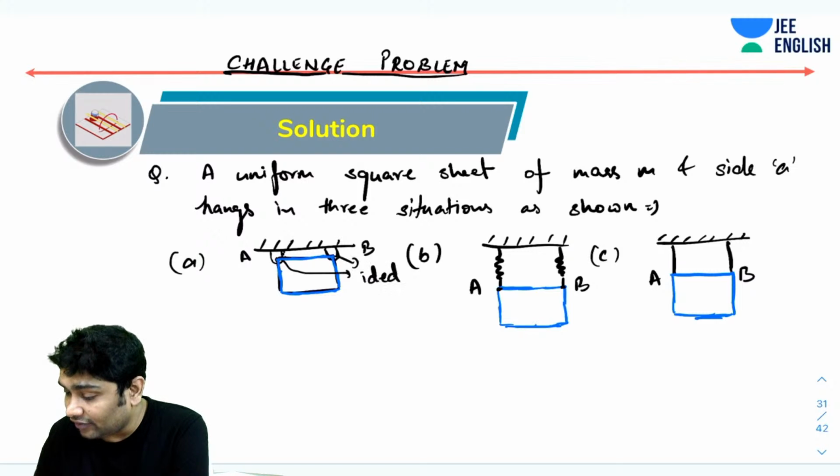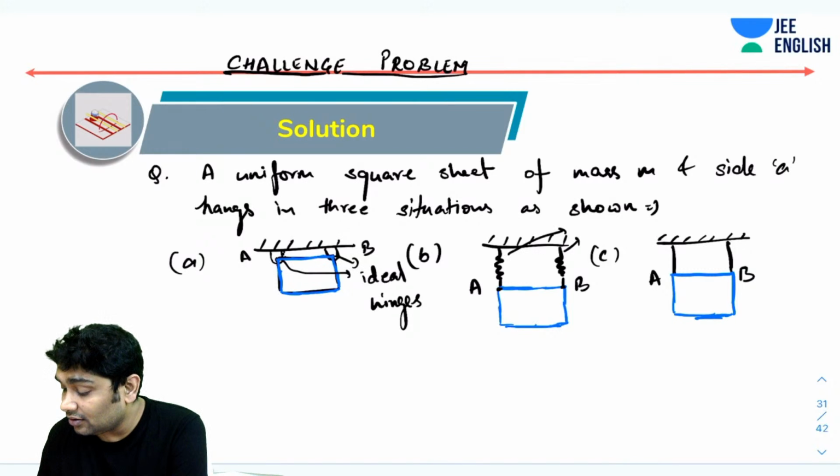Ideal hinges are frictionless. Remember this. Then here you have ideal springs, identical again, and ideal strings.